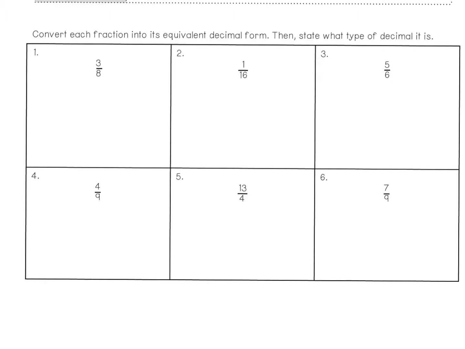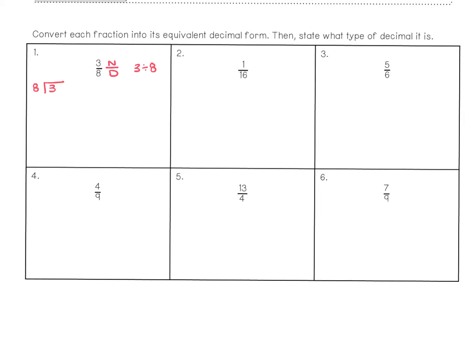Let's look at some of our examples. So as we said in our instructions, we're going to divide the numerator by the denominator. So I'm going to divide 3 by 8. And I want to leave myself plenty of room horizontally to make sure that I have room enough to add decimals as they go on.